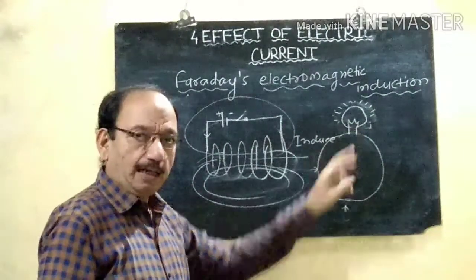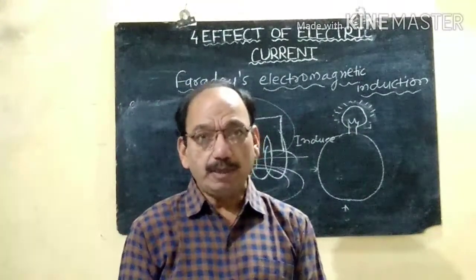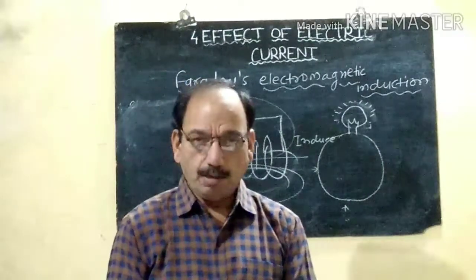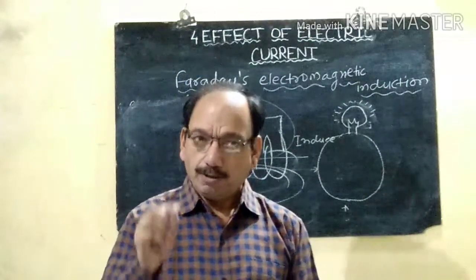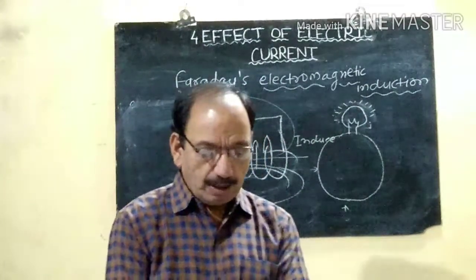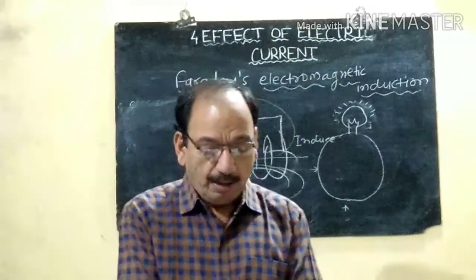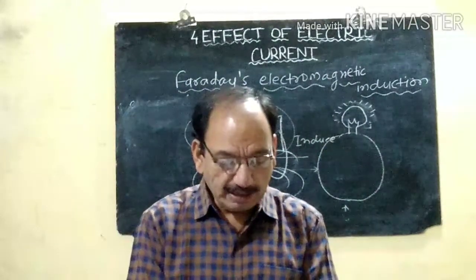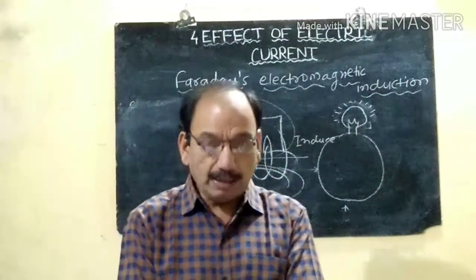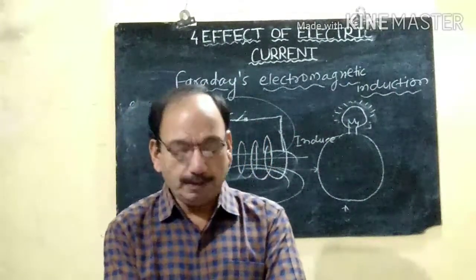This concludes that current will be produced by moving either the solenoid coil or the coil. Even if the solenoid coil is kept stationary, a change in current in the solenoid coil produces current in the coil.